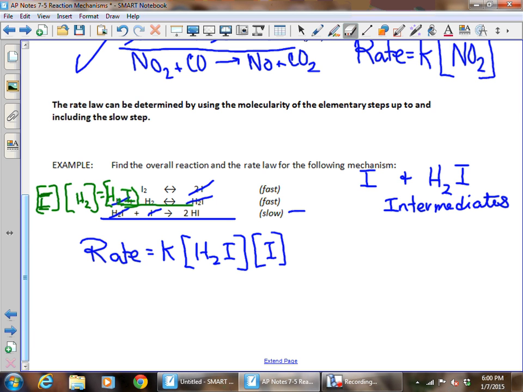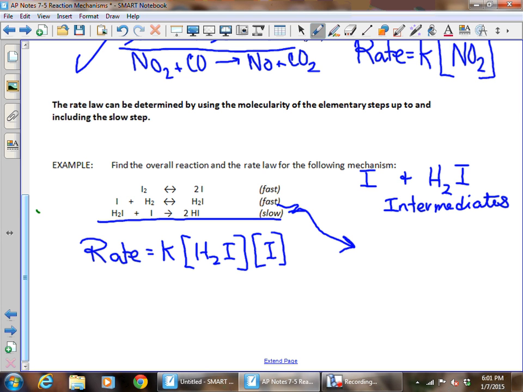Okay, now I am going to totally redo that because that just looks horrible. I can't even read what it says. So let's try that one again. According to that second reaction, I times H2 equals H2I. Remember, like I said before, if it's added in the reaction, it's multiplied in the rate law.